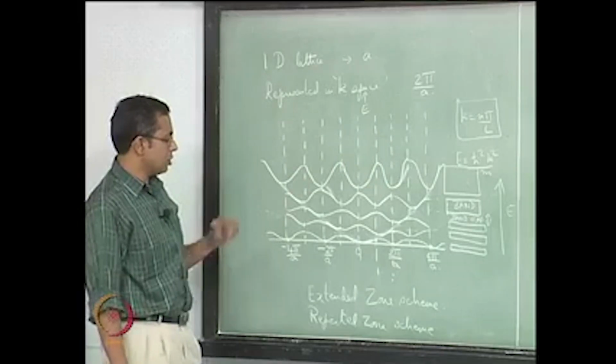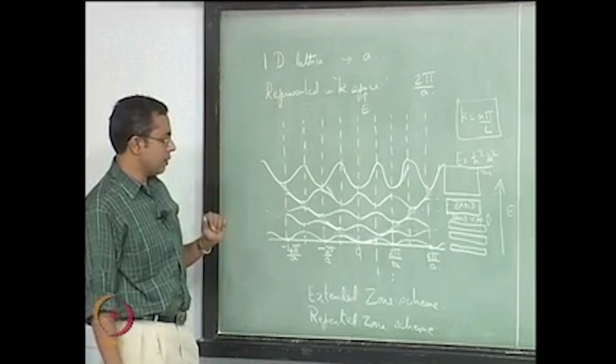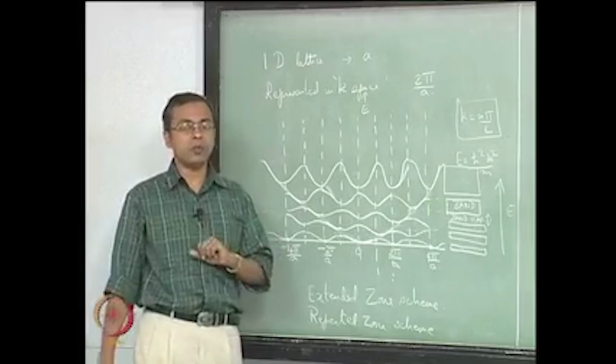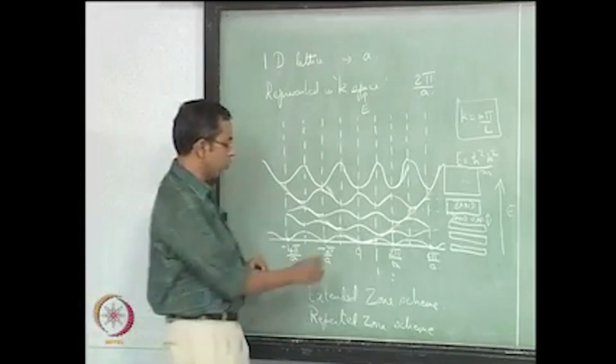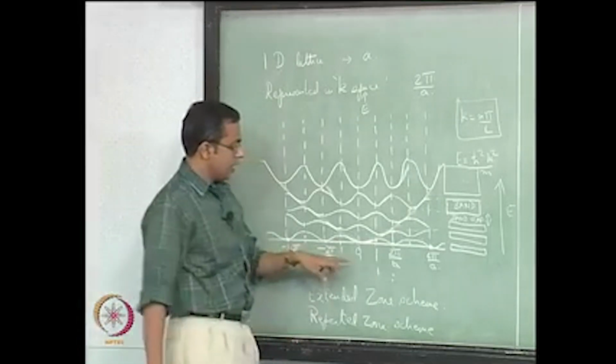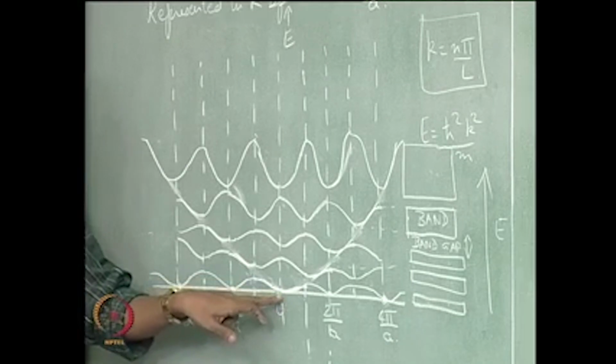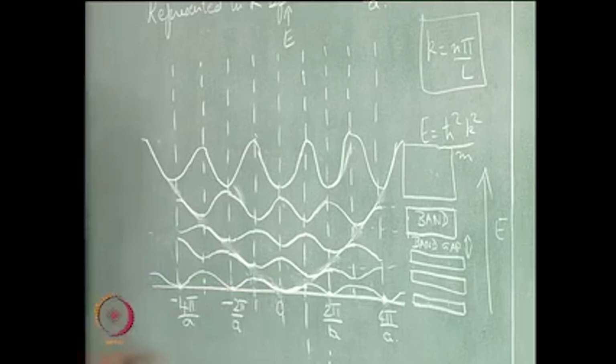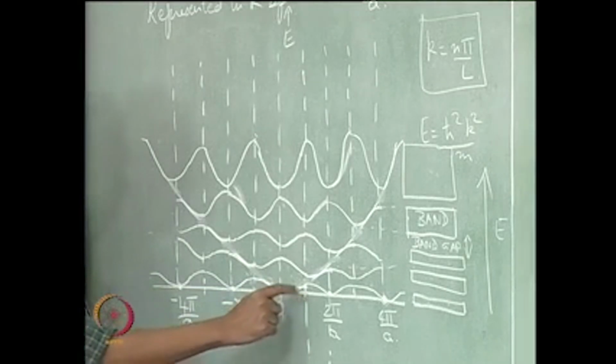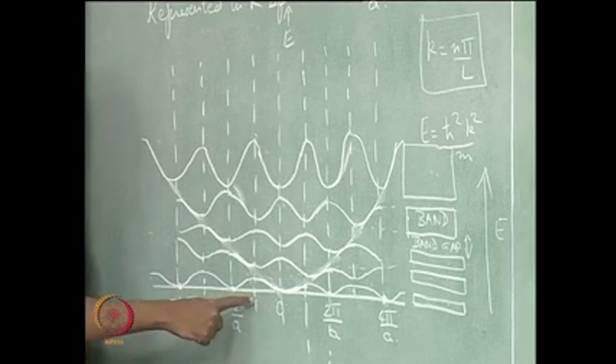Finally, we will also notice the Brillouin zone that we originally defined. The first Brillouin zone is the region in space which you can access from the origin without crossing a single Bragg plane. If you look at the Bragg planes here, the first Bragg plane is at plus pi by a and on this side at minus pi by a.